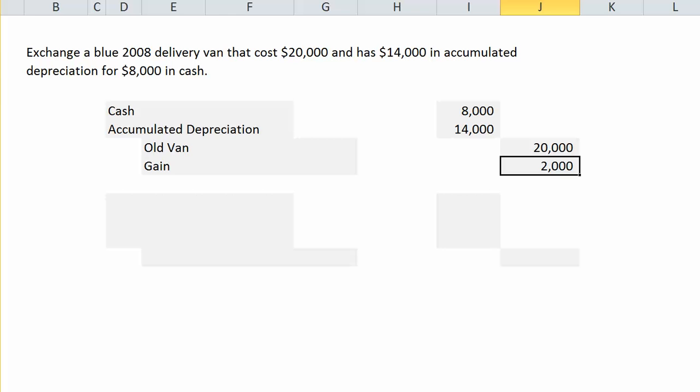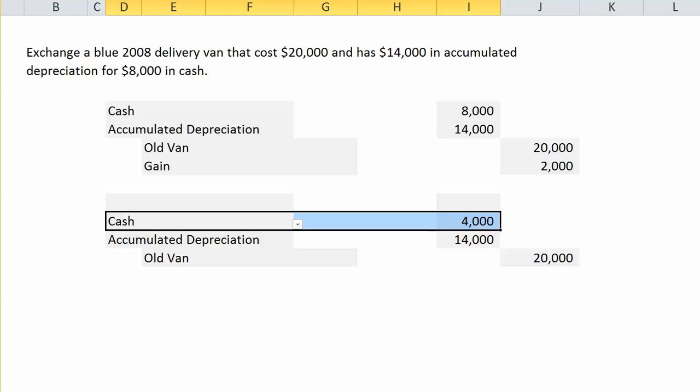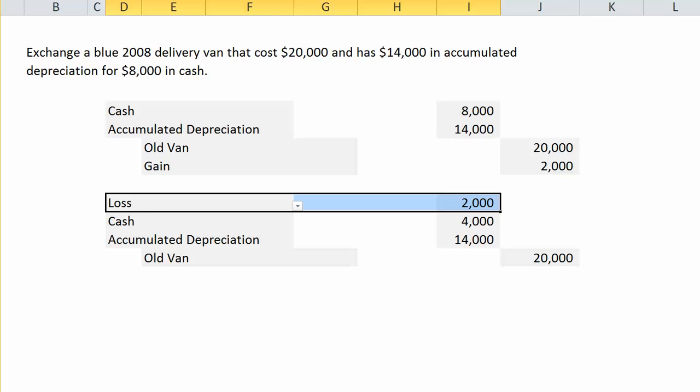If, on the other hand, we had taken the same van off our books, but we'd only received $4,000 in cash, we can quickly see that we had a net book value of $6,000. We received $4,000, so we had a loss of $2,000. And again, we're talking about a sale, or just as easily an exchange of an asset for cash.